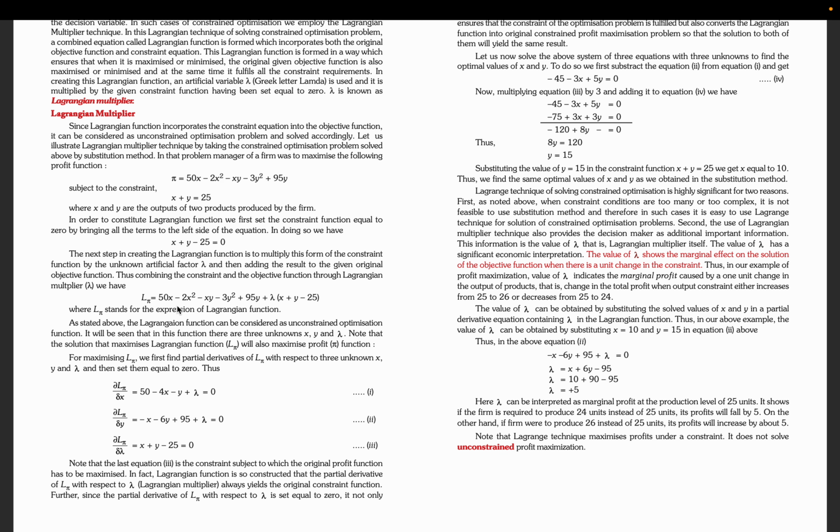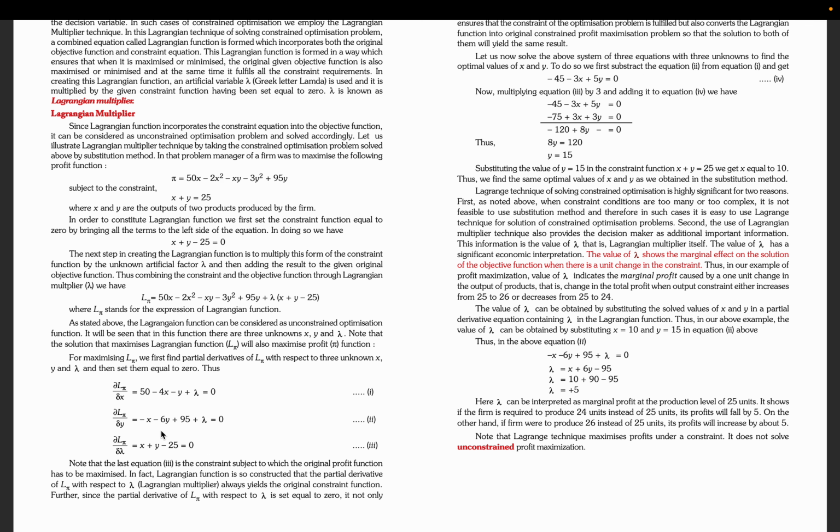So 50 minus 4x minus y, and here there is one more x, so it becomes 50 minus 4x minus y plus lambda, because again there's one more x here. Same for y and lambda. Note the last equation, equation 3, is the constraint subject to which the original profit function has to be maximized.